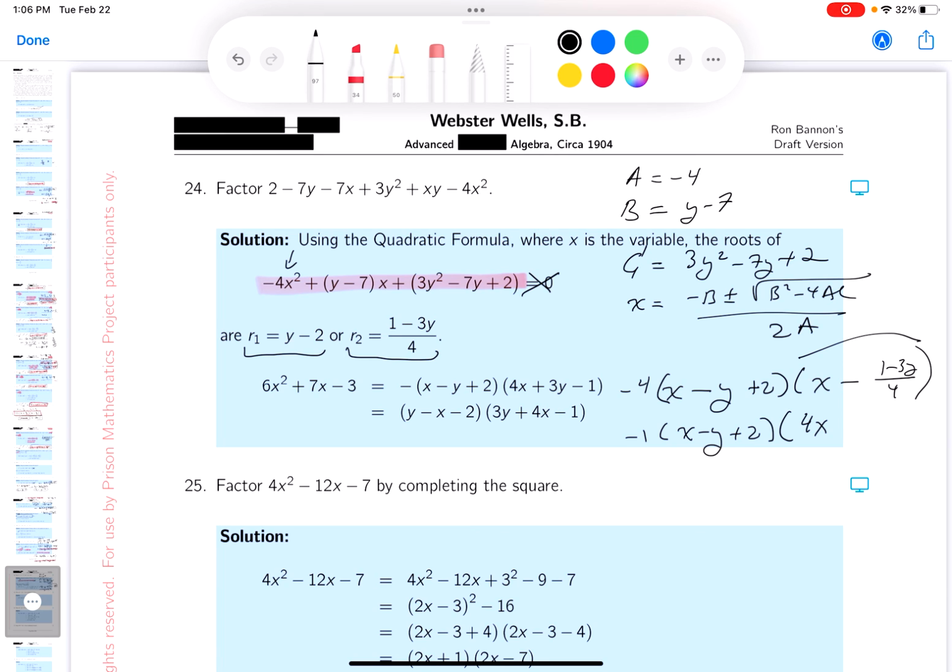So what would you get? You would get minus 1 plus 3y. Right, does it give us the same answer? Yes. We got this, x minus y plus 2, and we get the 4x plus 3y minus 1, all right? All roads lead to that answer. Thank you.